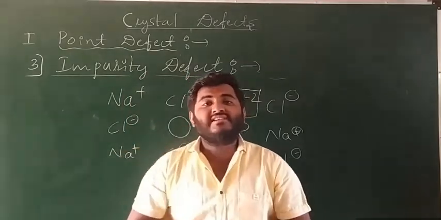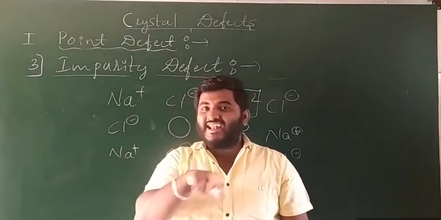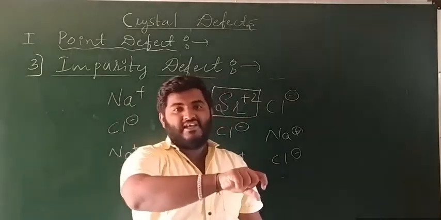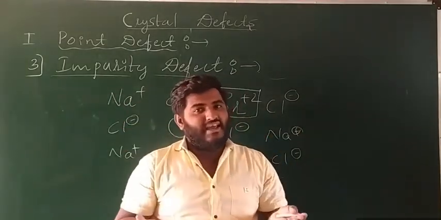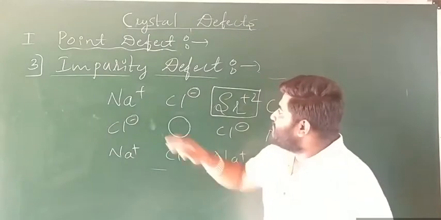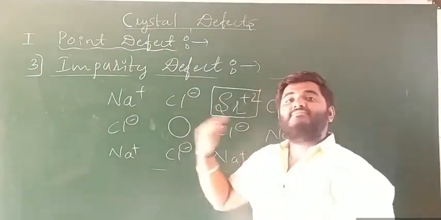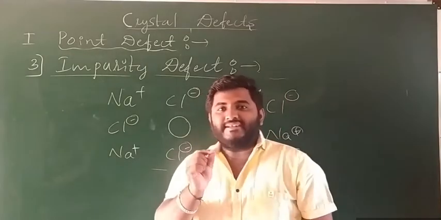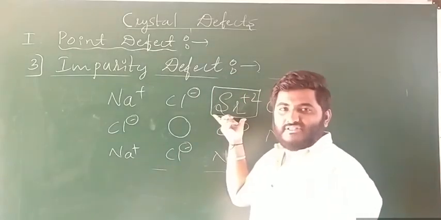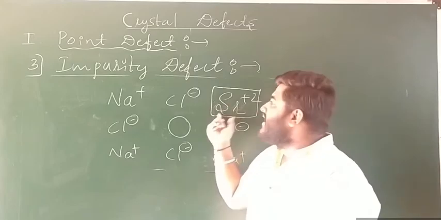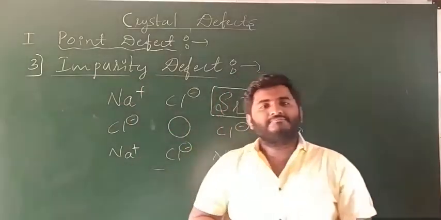But in metal deficiency defect, the same crystal atoms are there with variable valency, and then they can form. But here also one metal atom is less, and electrical neutrality is maintained by some other foreign atoms like Sr+2. Therefore the name impurity defect.